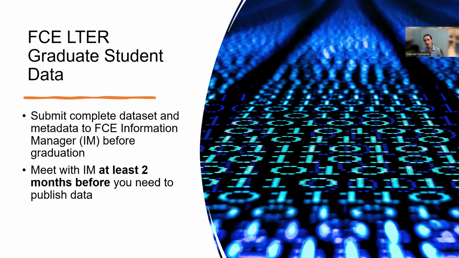Graduate student data generally needs to be submitted as a complete data set along with metadata to the FCE information manager before graduation. And generally, before publishing a data set, you need to meet with the IM at least 2 months before you need to publish the data.